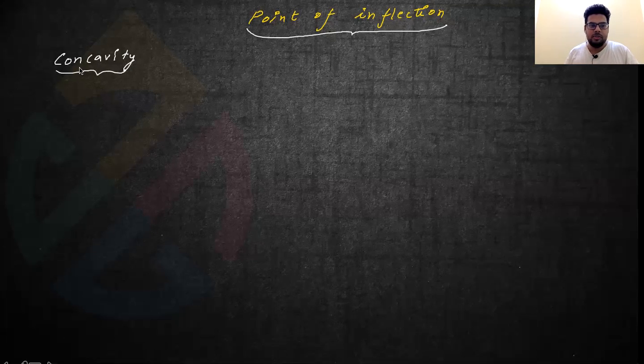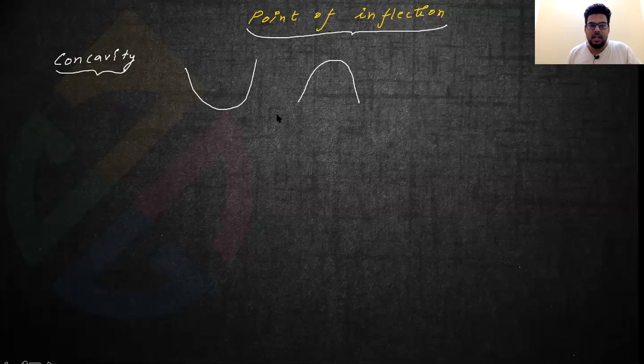So concavity is basically, you would have seen in, let us say, the quadratic function, the curve is concave upward or concave downward. So you can say that this is concave upward, right? And this curve is concave downward.